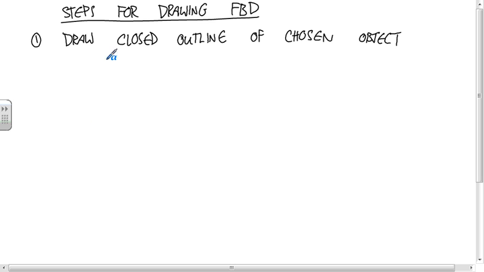So in the elevator scale examples, that would be something like that, okay? There's no internal details on the person, and there's nothing else except the person. I didn't draw the scale or the floor or the elevator, okay? All there is just a closed outline.